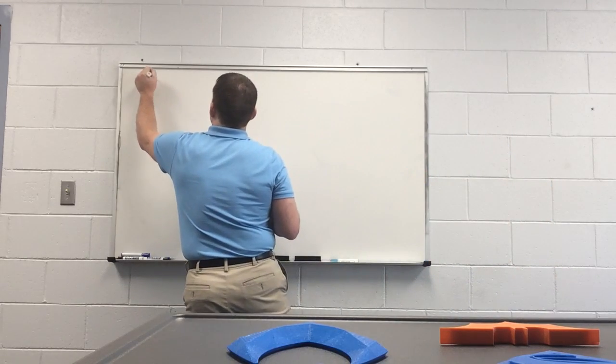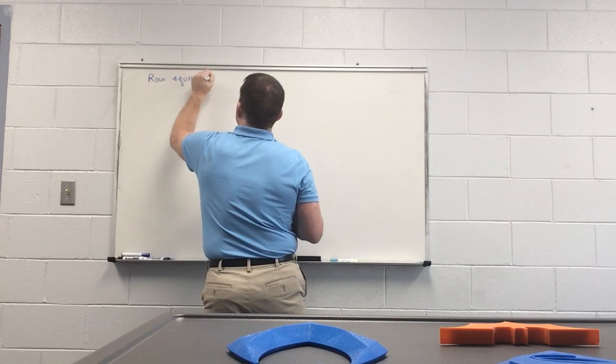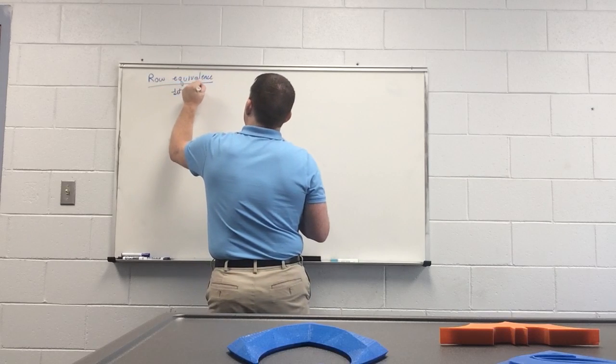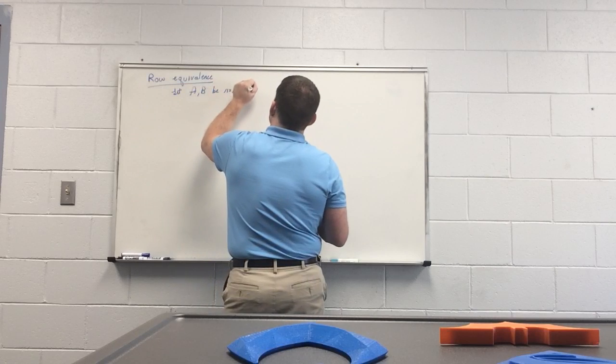we have this idea called row equivalence. Let A and B be n by n matrices.